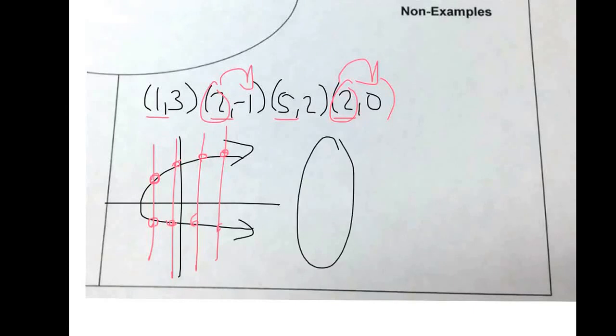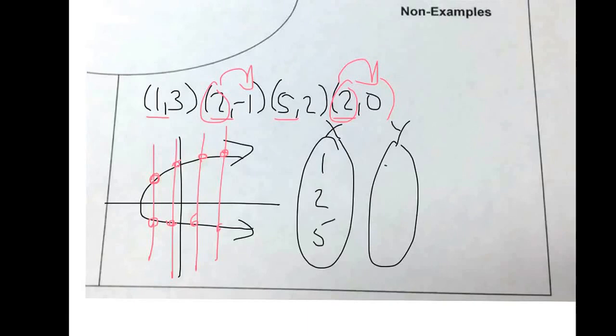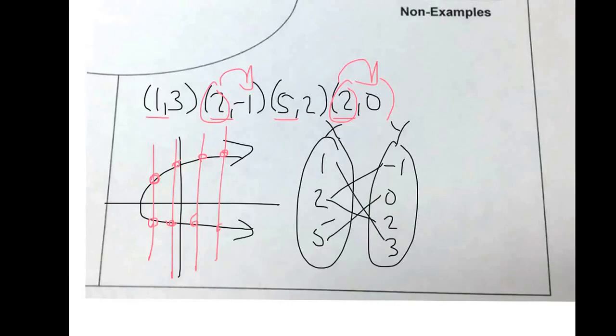Here's my mapping. My x's and my y's. 1, 2, 5, and -1, 0, 2, 3. 1 goes with 3, 2 goes with -1, 2 goes with 2, 5 goes with 0. See, this one leaves one time, this one leaves one time, but this one you have two leaving out of here.